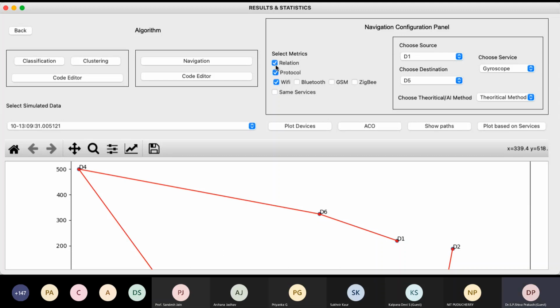Suppose I want to find a specific device which provides the set of required services.